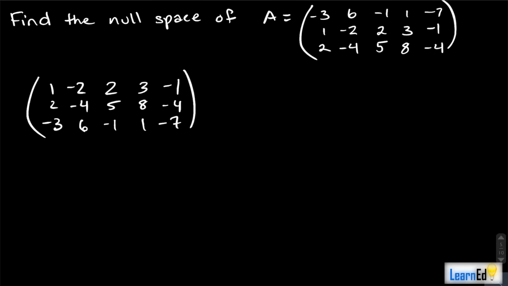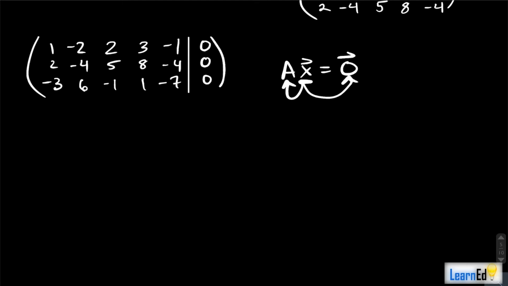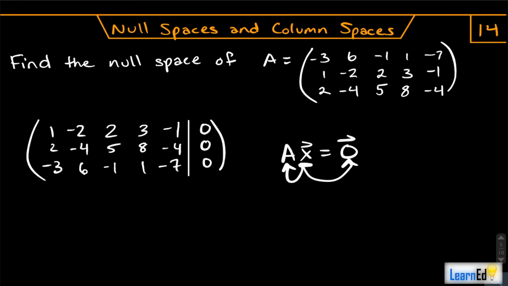Okay, so I've finished swapping rows, and what we're going to do now is augment this matrix with zeros and row reduce, because what we're trying to find here is the span of vectors that will go to 0 when the linear transformation is applied. That's why we're doing this.